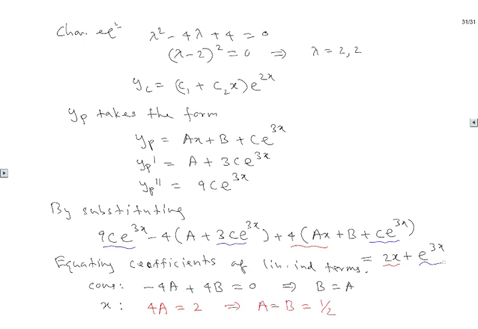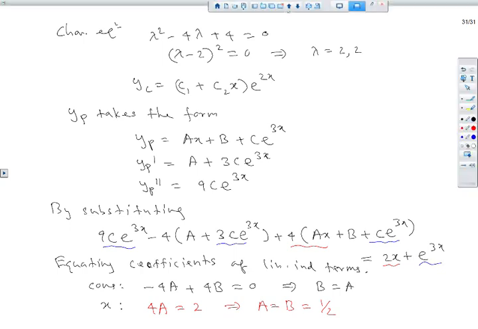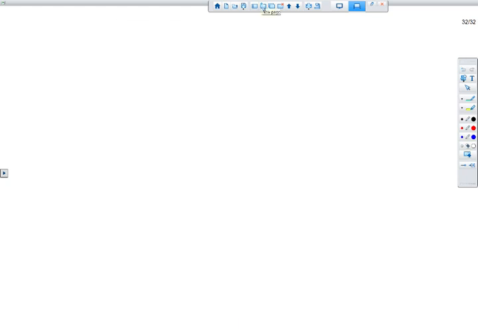So if you write the coefficient of e to the 3x, you're going to get 9c minus 12c plus 4c equal 1, and this simplifies very well, and you can see that c equals 1. So therefore the yp, because we have a, b, c, is 1/2 x plus 1/2 plus e to the 3x. So that is what you get as the yp.